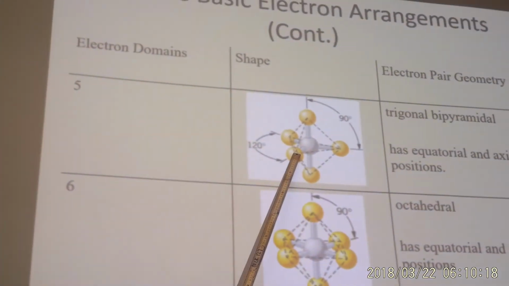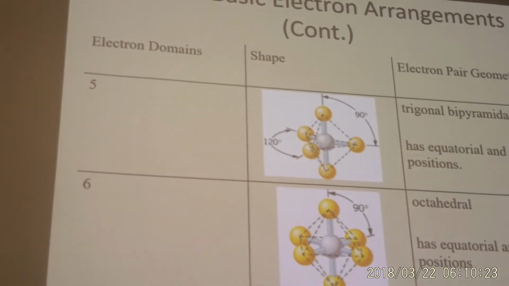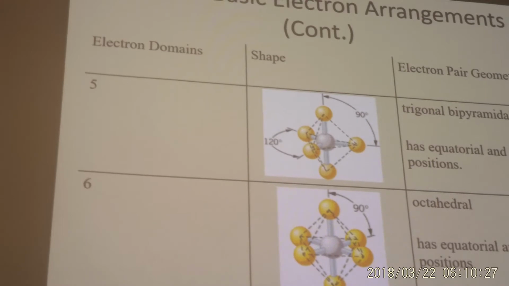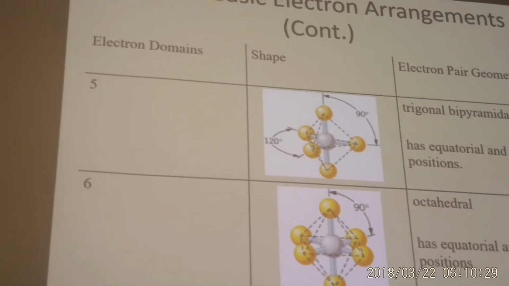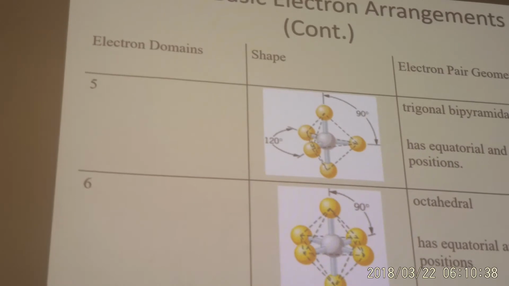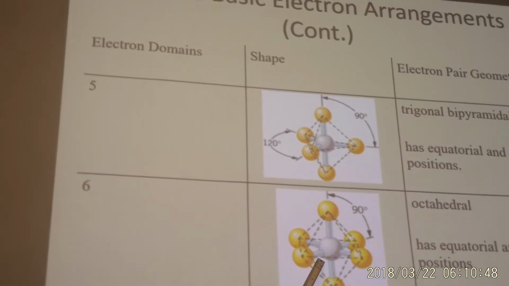How about the equatorial region? How many neighbors does it have? 4, right? Can you see that? 2 are at 90 degrees, but the other 2 are what? 120 each, right? So it turns out that the equatorial regions actually have a little more space. And that is important when we talk about another concept coming up. All right. And we also introduced this already, the octahedral.